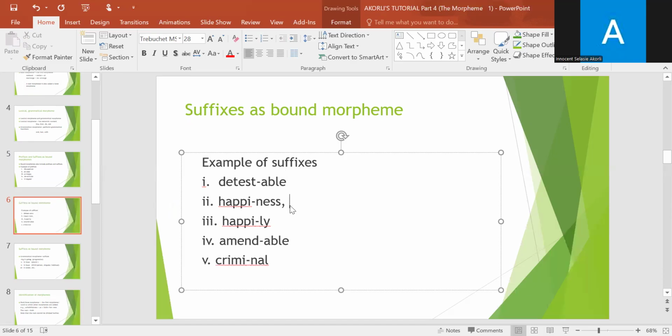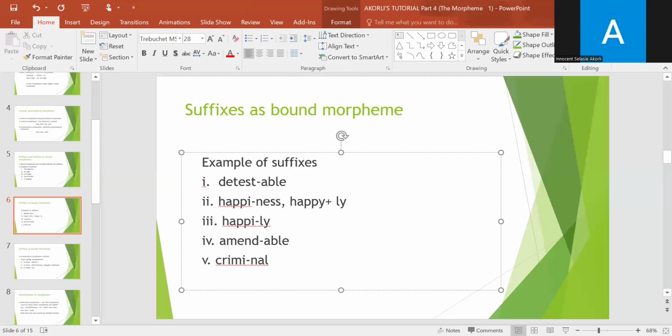For example, see happy. Happy, which ends in y, when it is added to ly, then we're not going to have y there anymore. The y will change to i.